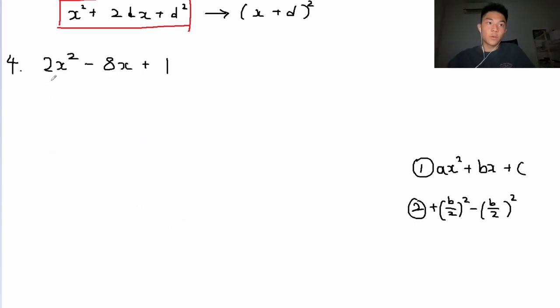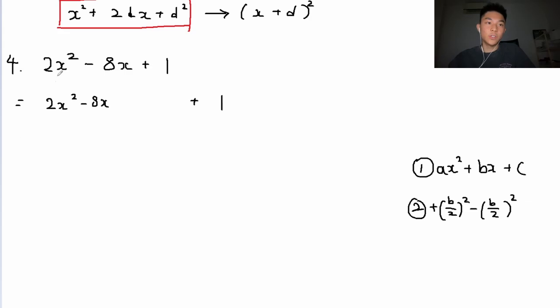So let's look at our fourth example, 2x² − 8x + 1. Again, we can just move the constant to the right. But before we use our second step, we have to realize that there's a number in front of our x².